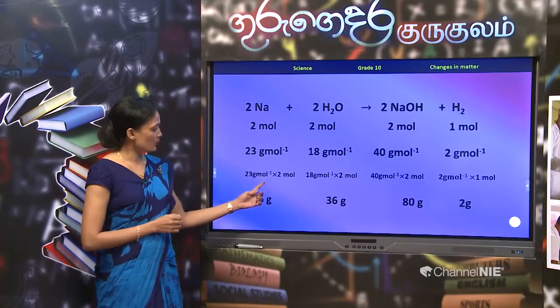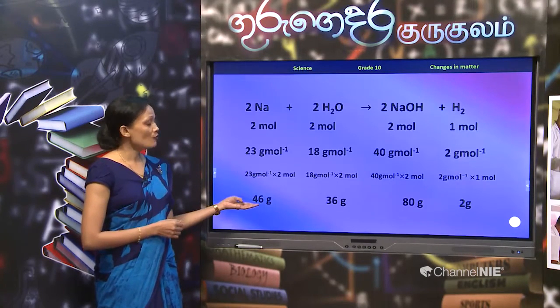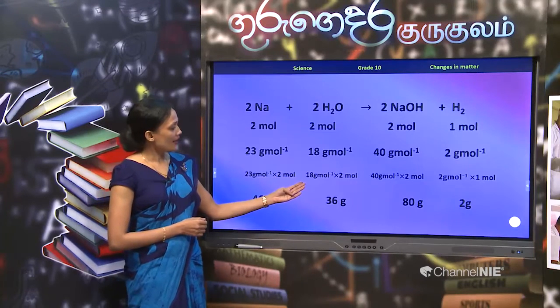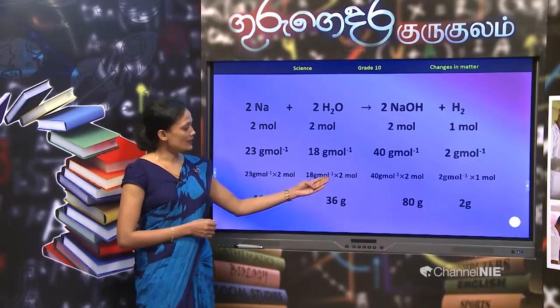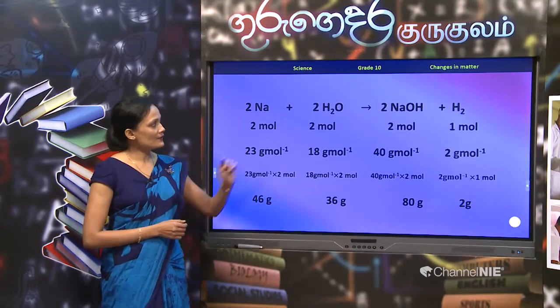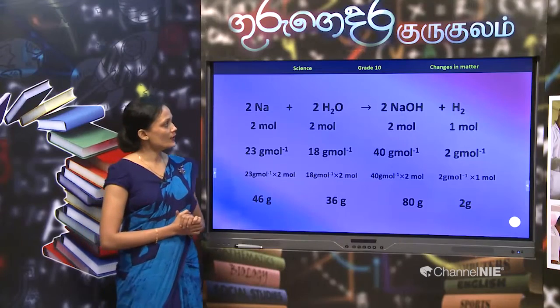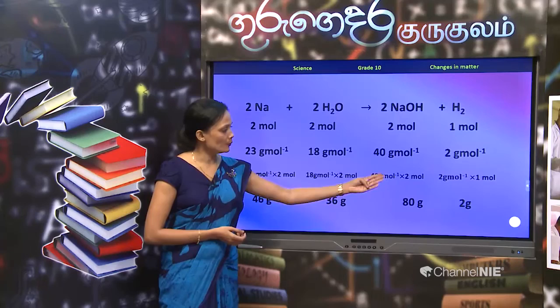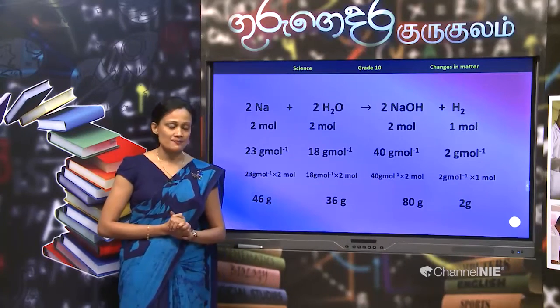23 grams per mole into 2 moles means 46 grams. Then 18 grams per mole into 2 moles means 36 grams. Then if we consider the product, sodium hydroxide, 40 grams per mole into 2, that means 80 grams.